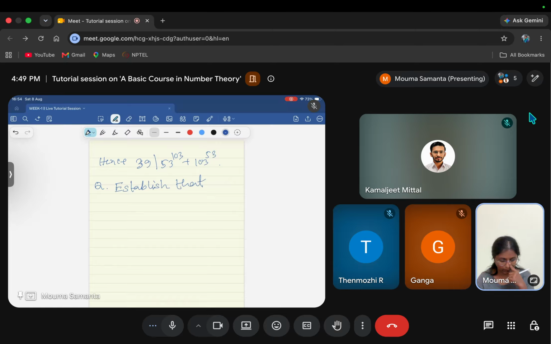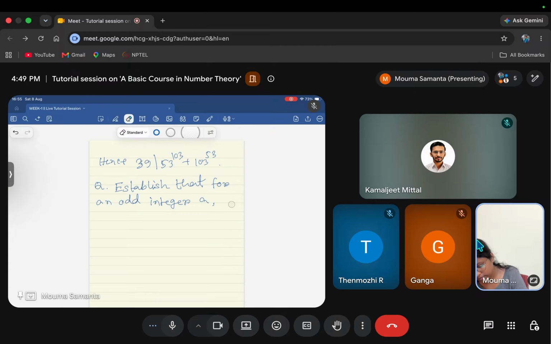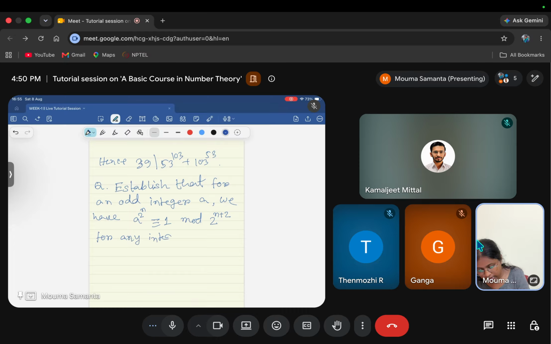Establish that for an odd integer a, we have a power 2 power n is congruent to 1 mod 2 power n plus 2, for any integer n greater than or equal to 1. I mean, for any natural number n.